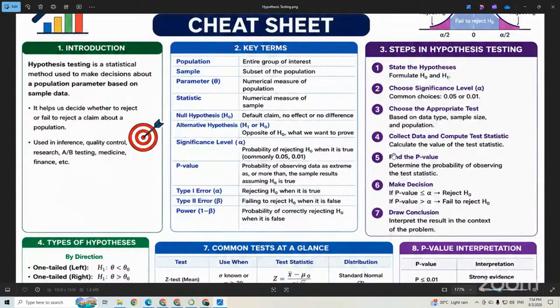When we apply a hypothesis test, we have assumptions, and assumptions can be true or can be false. Simply, it is an assumption or claim that can be tested using data. For example, a new teaching method improves student performance. It can be true or it can be false.